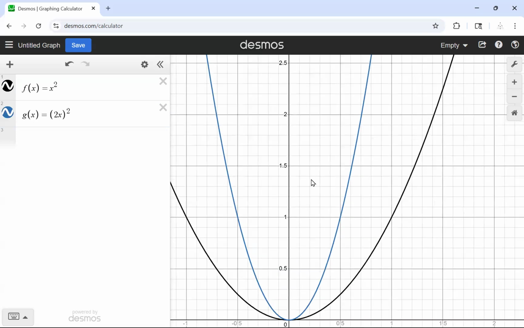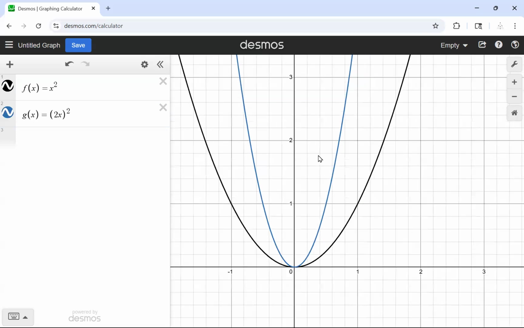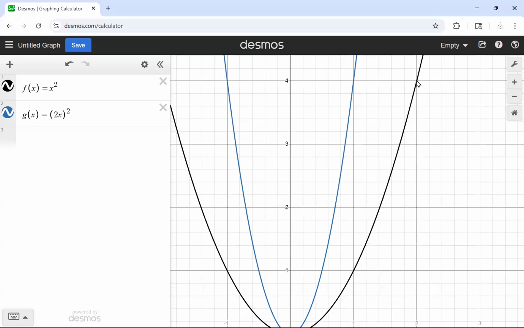And the point 2, 4, when I multiply by 2 on the inside of the parentheses, gets horizontally shrunk by a factor of 2 to 1, 4. So the x value gets shrunk there.